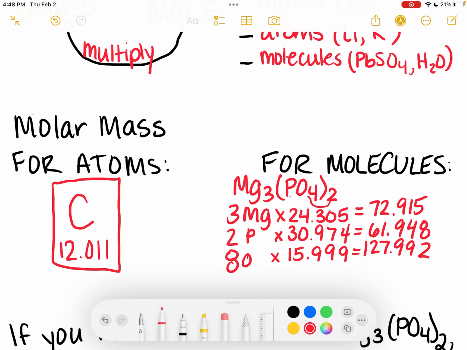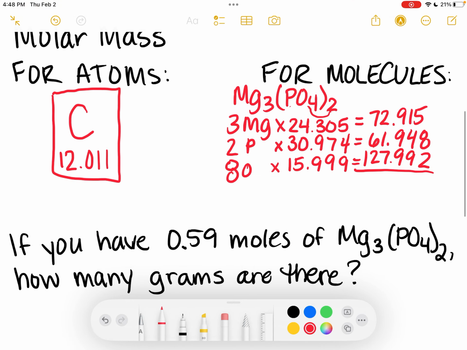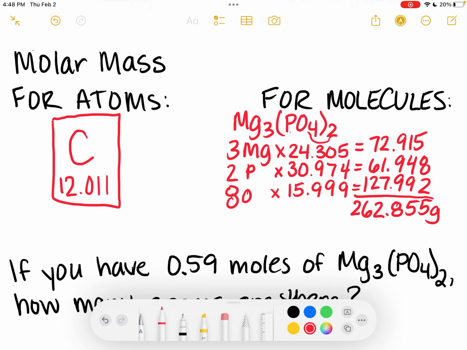I'm going to add all of these up. And I get my molar mass of 262.855 grams. Cool. So that's the molar mass of 1 mole of magnesium phosphate.